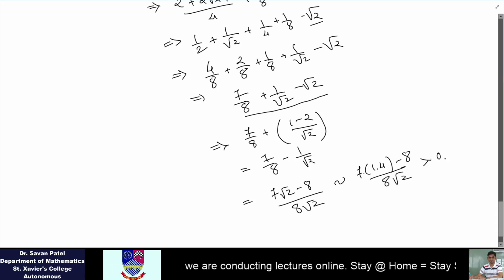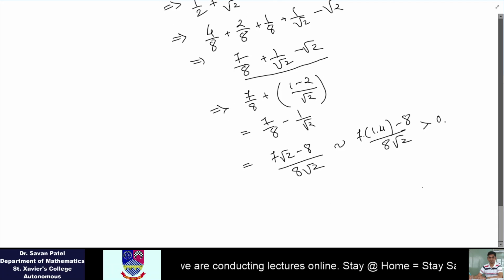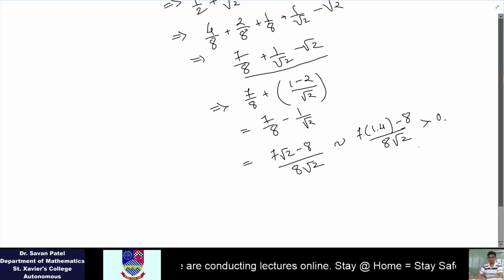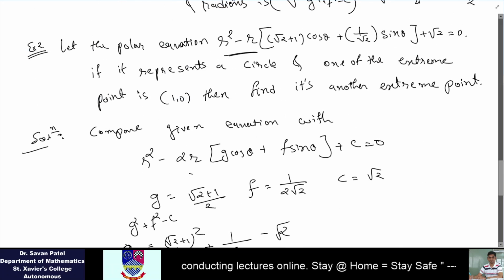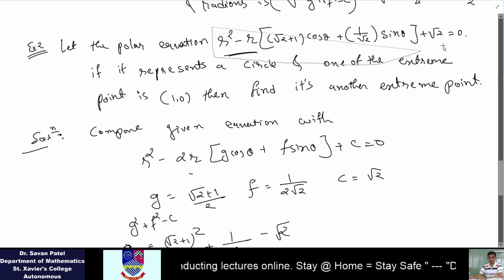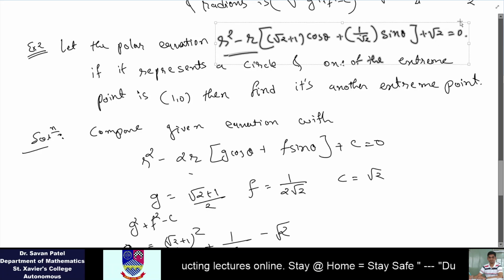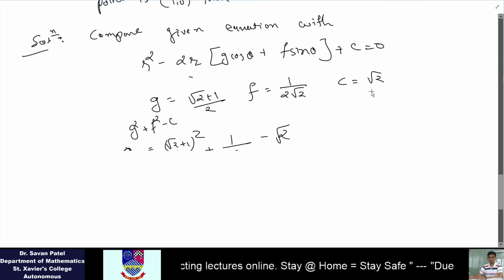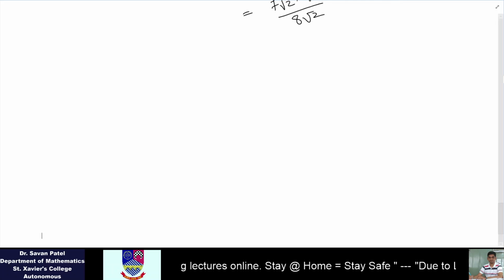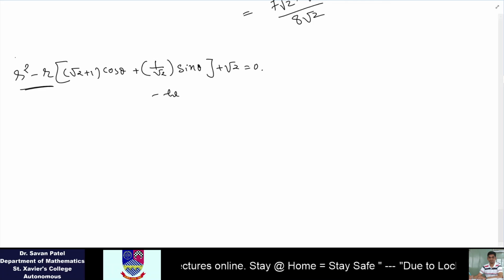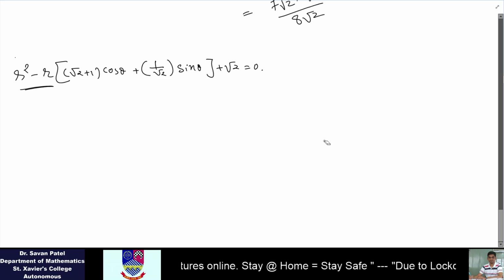Okay, so this equation represents a circle. Now all I have to do is compare this equation with the general equation in terms of x1, x2, so I can get x1 and x2.